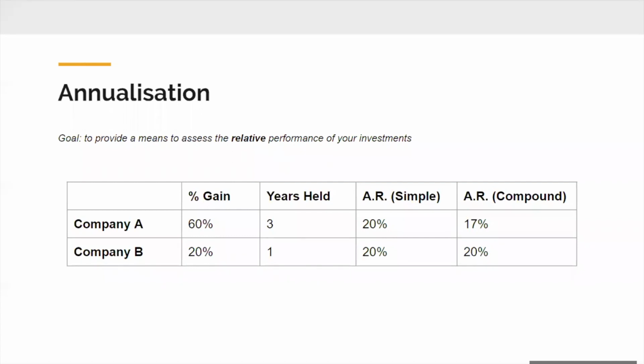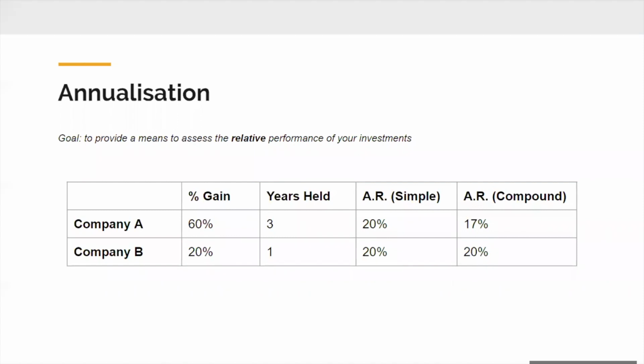If we take our example, and I've plugged in the years held here, the first thing that we can do is simply divide our total percentage by the number of years held, and in this case we get a figure of 20% for each investment, and we could then conclude the performance of these two companies is the same, and that seems reasonable.